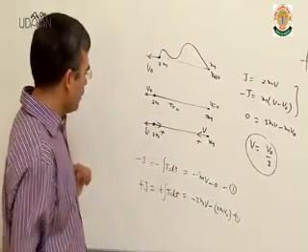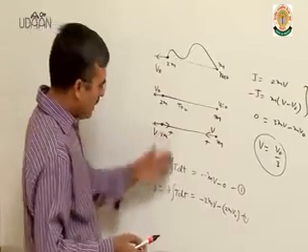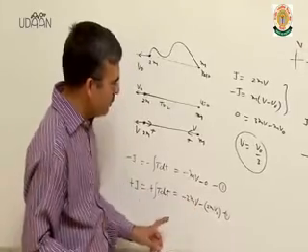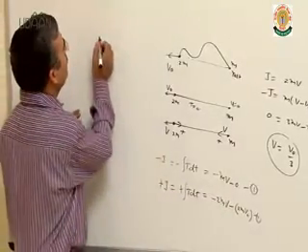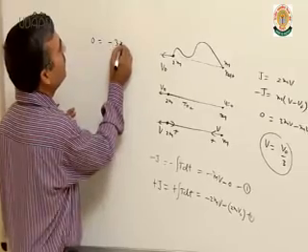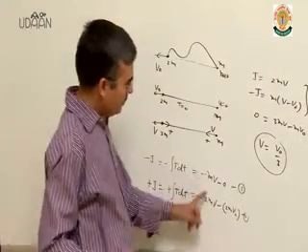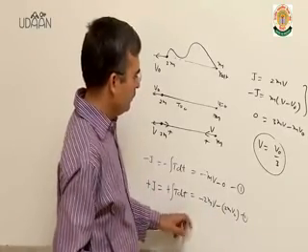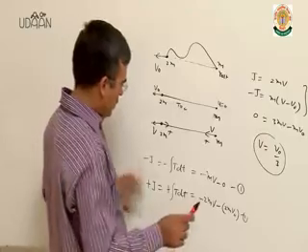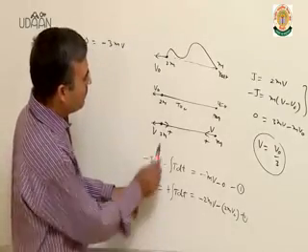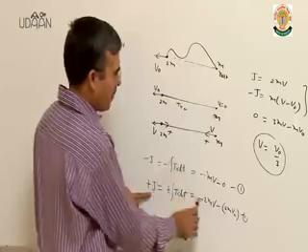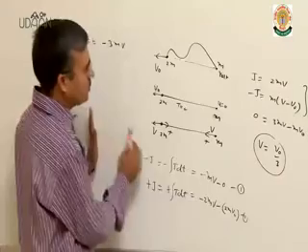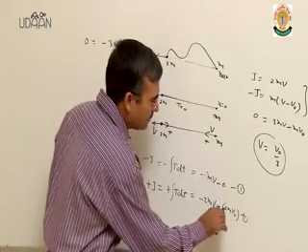Let us simplify these two equations by adding them. On adding, minus mv minus 2mv is minus 3mv, so 0 equals minus 3mv. Clear? Check this equation: impulse is positive, final momentum this side minus initial momentum also this side, which is negative here.